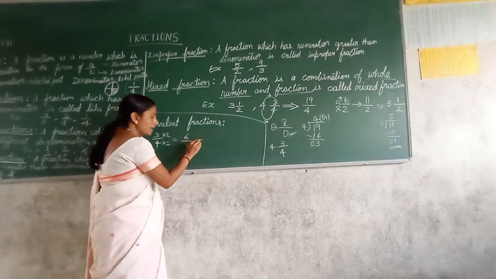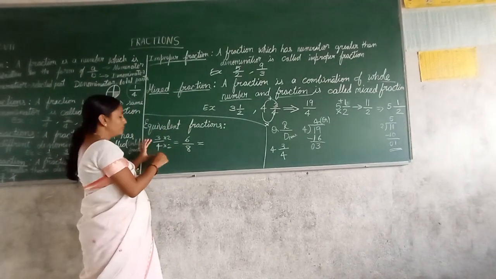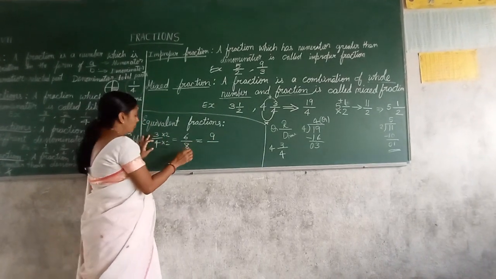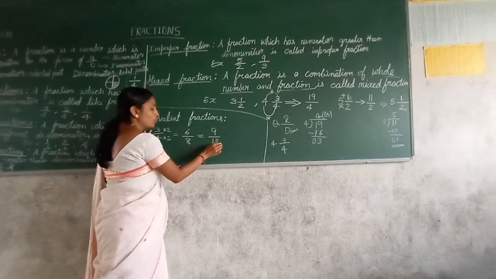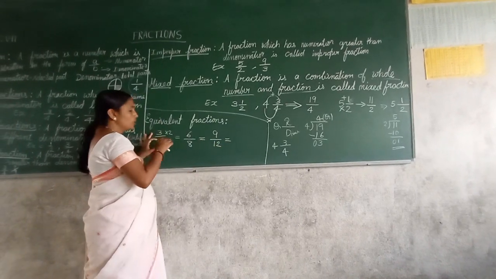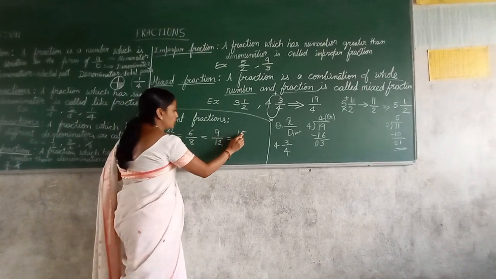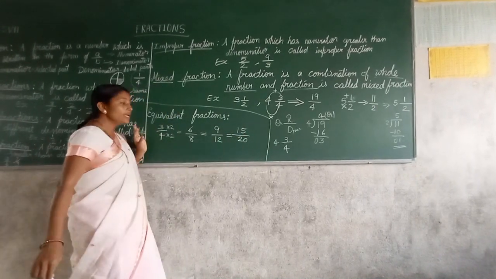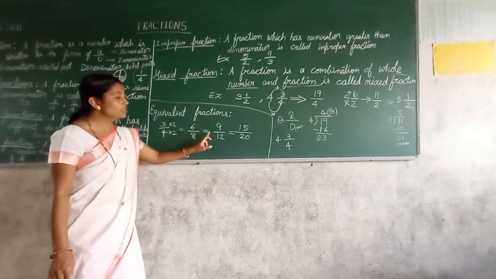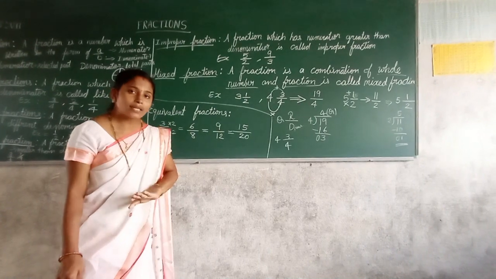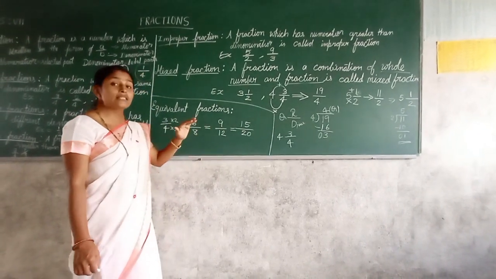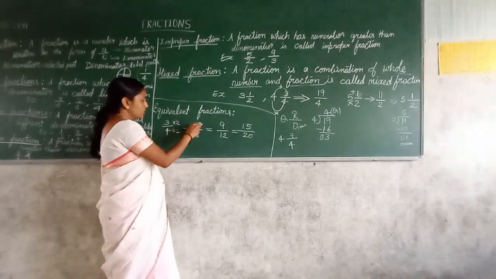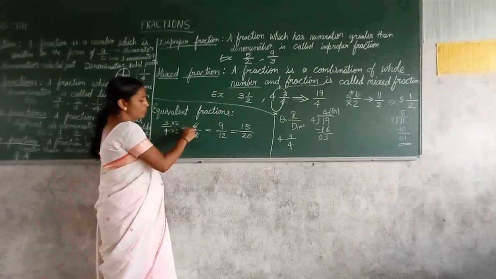Then again I can convert to another equivalent fraction. 3 3s are 9, 4 3s are 12. Another equivalent fraction: 3 5s are 15, 4 5s are 20. Equivalent means same. How are they the same? If you put it in the simplest form, then you will get the same.